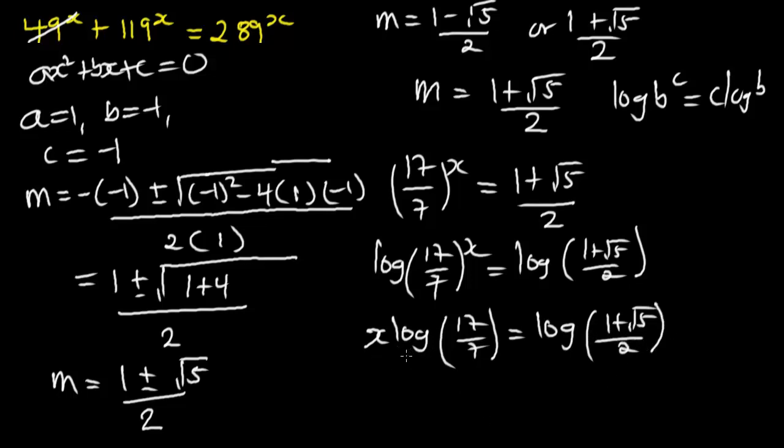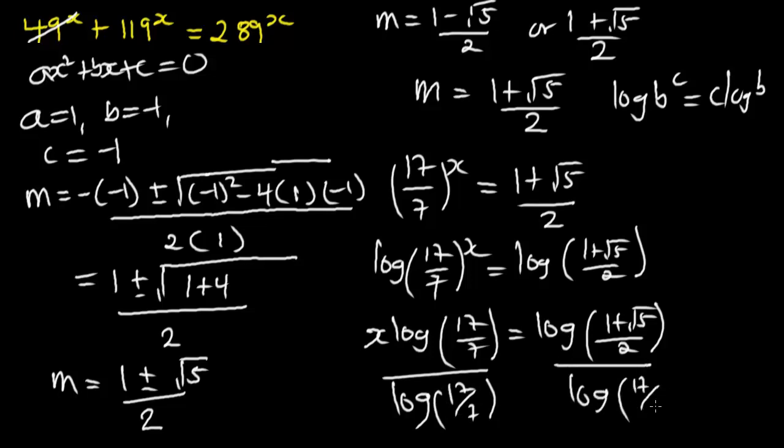So we want to make x the subject over here, so we just divide both sides by the log of 17 over 7, and then divide this side by log of 17 over 7.